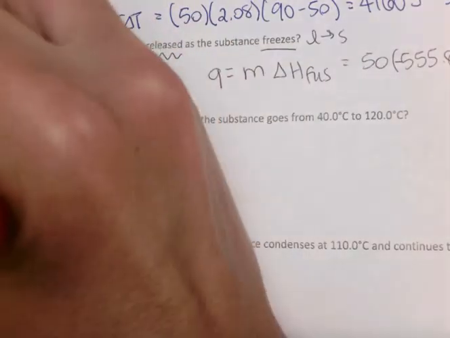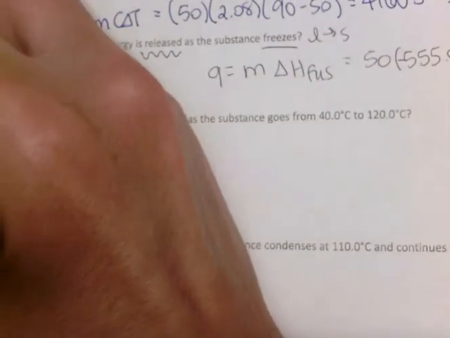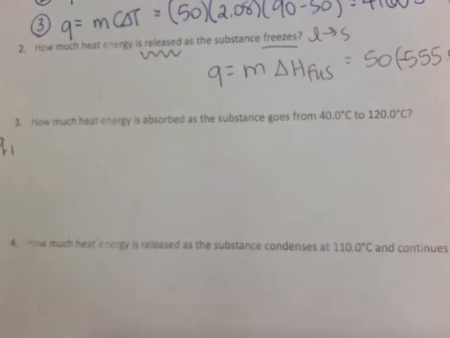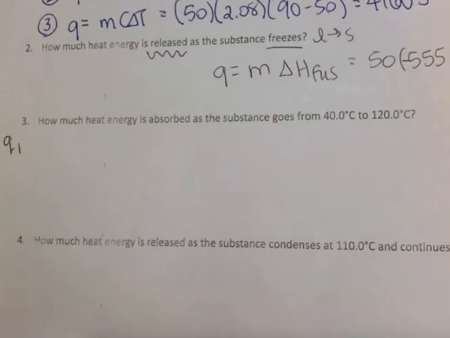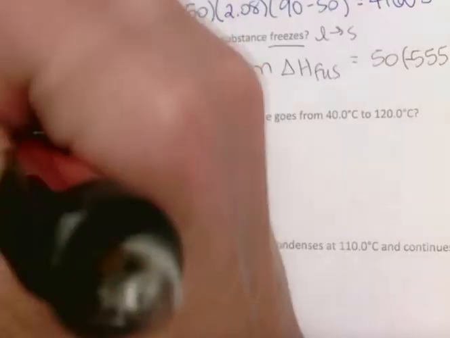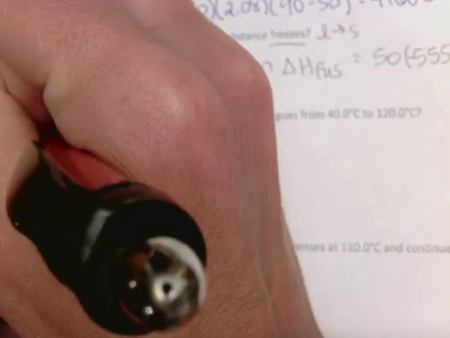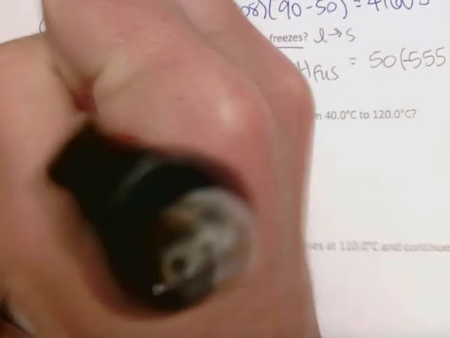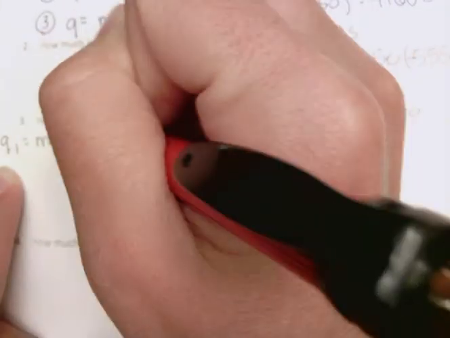So I'm just going to call it Q1, right? So for Q1, I know that I have that substance in the solid state, and I have to heat it up. So Q equals mc delta T. Again, the mass for all these substances for this page is 50 grams.